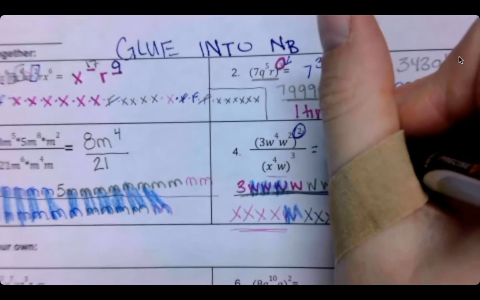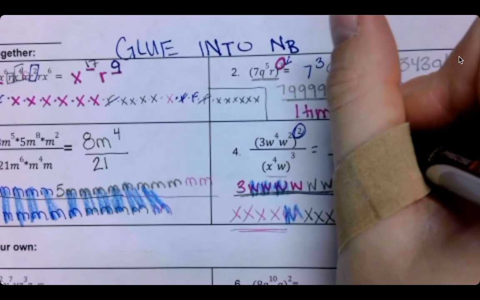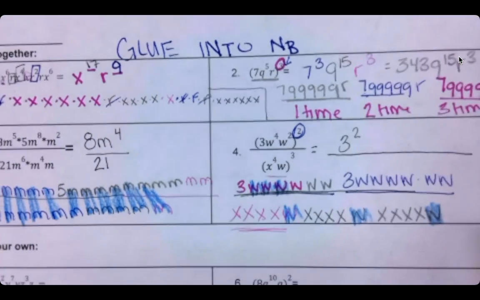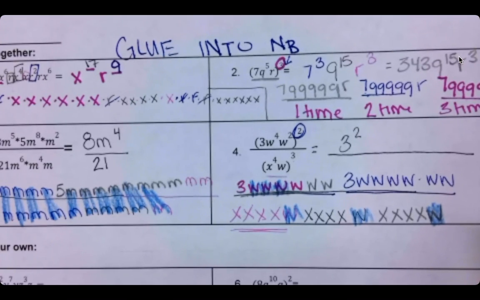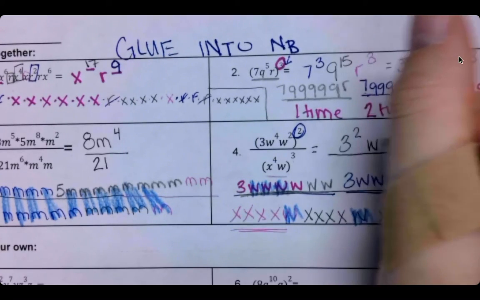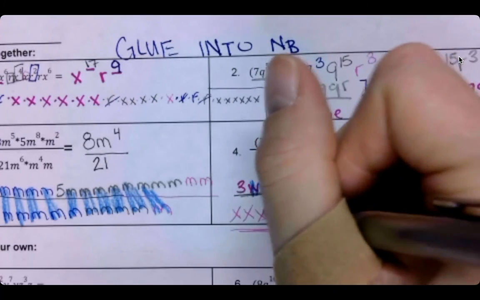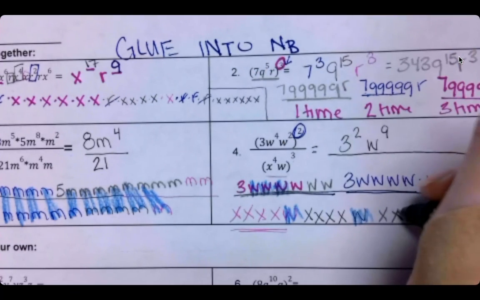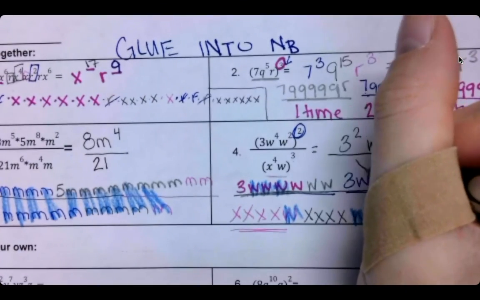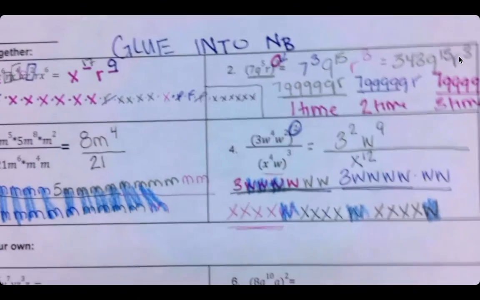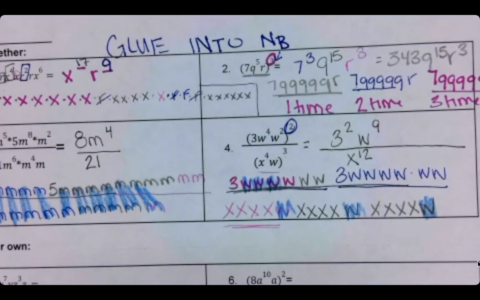And we have 2 3s, and they are on top. We have how many W's? 9, and they are on top. And we have X's, 12 of them, and they are on the bottom. Okay, and that is our review.